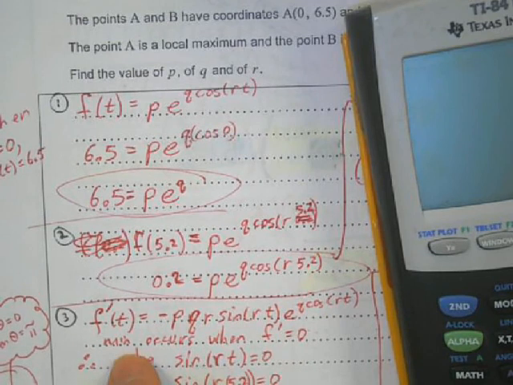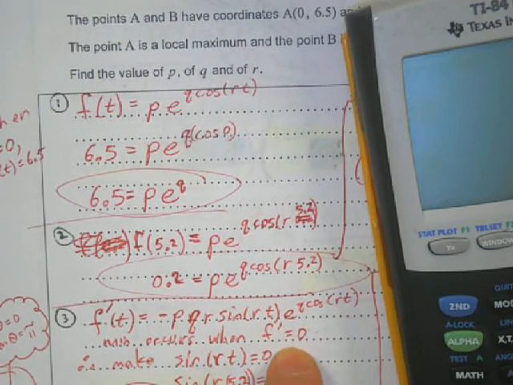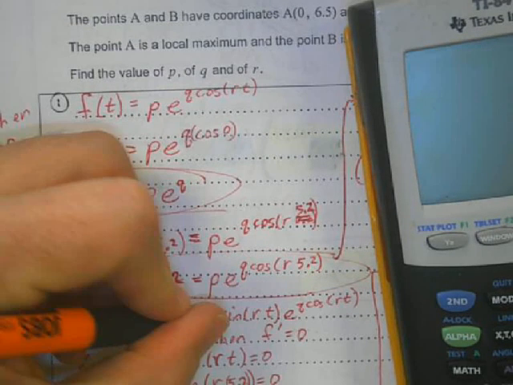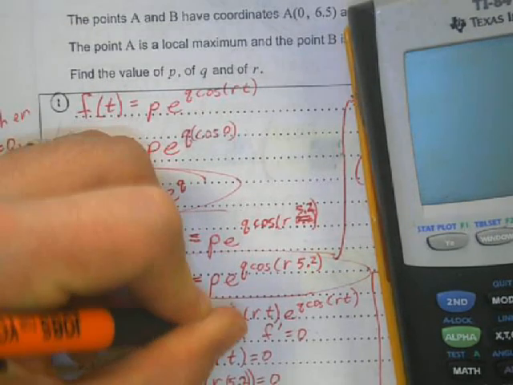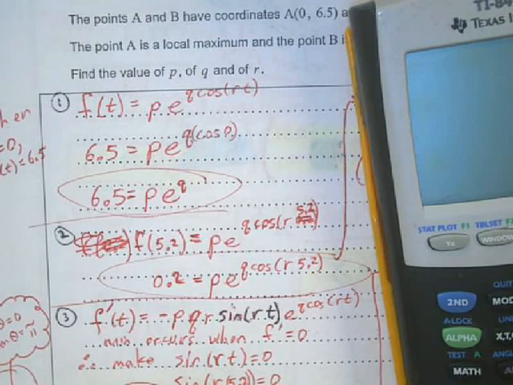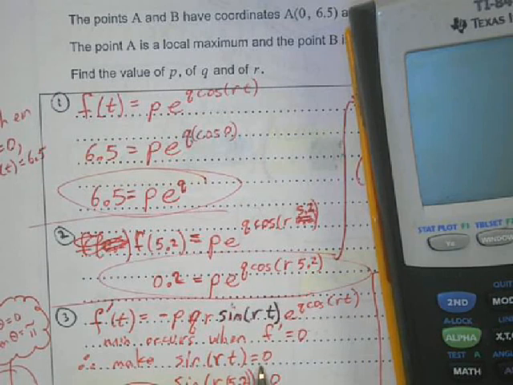So the maximum occurs when the derivative is 0. So if I make sine of rt equal to 0, then I'm going to find my maximum.